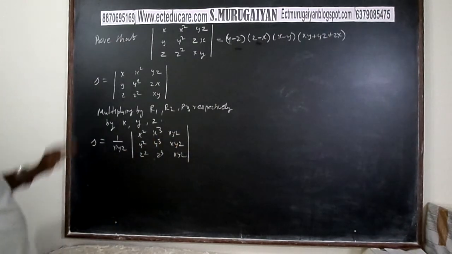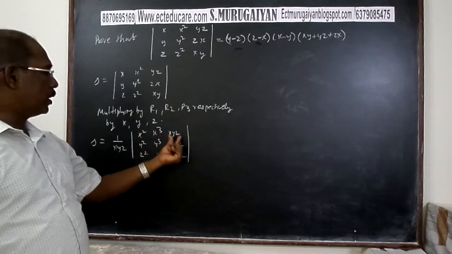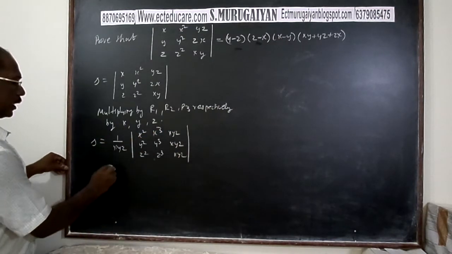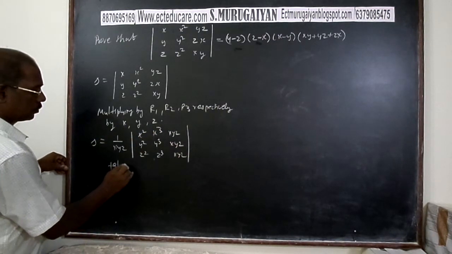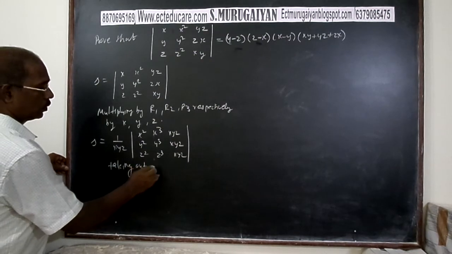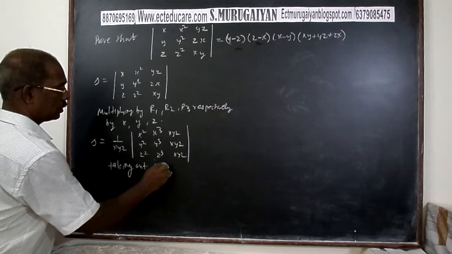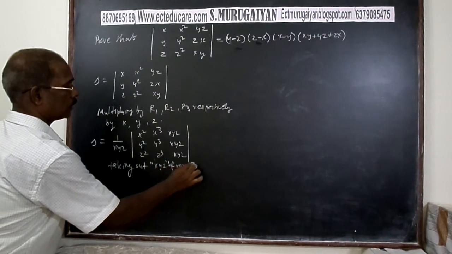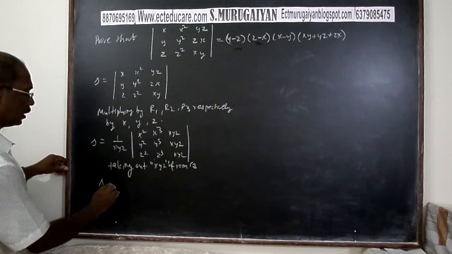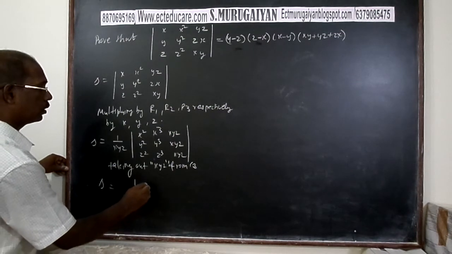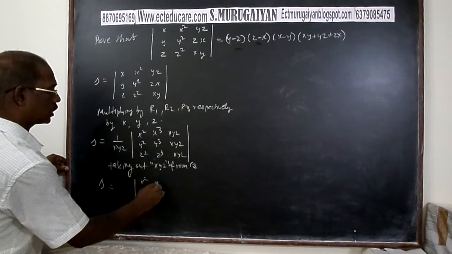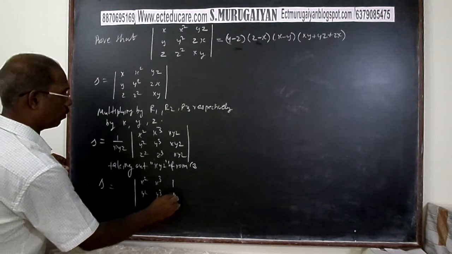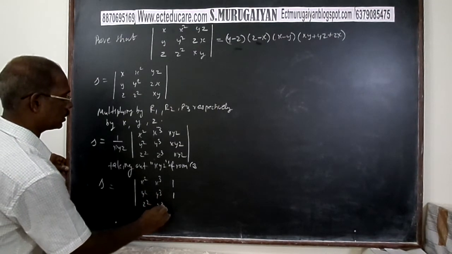Okay. Now the xyz can be taken out of the determinant as a common factor. So taking out x, y, z from C3, then delta equal to, straight away, x square, x cube 1, y square, y cube 1, z square, z cube 1.